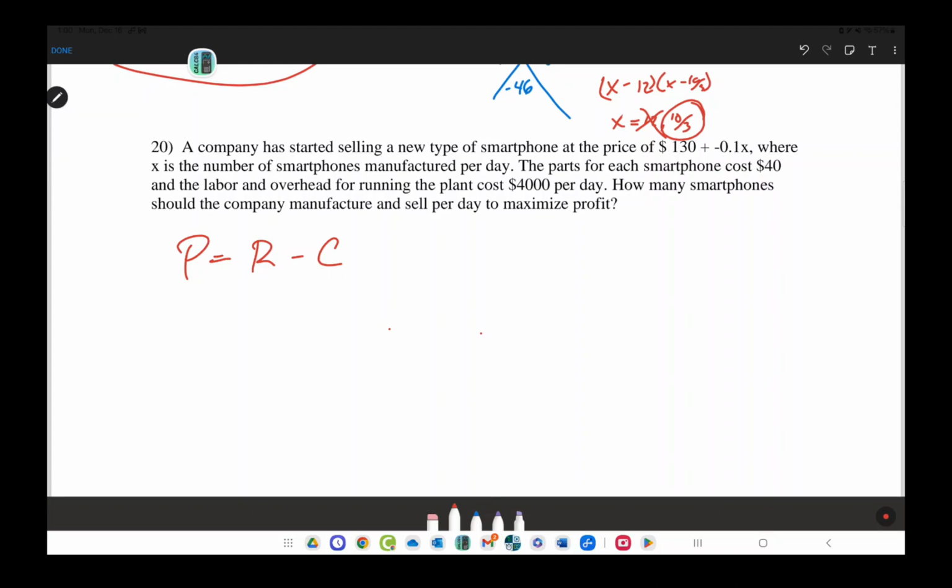Okay. So in this case, profit would be the revenue of 130 minus 0.1x, minus the cost of making, that costs us each one. So that's 40x and minus 4,000.